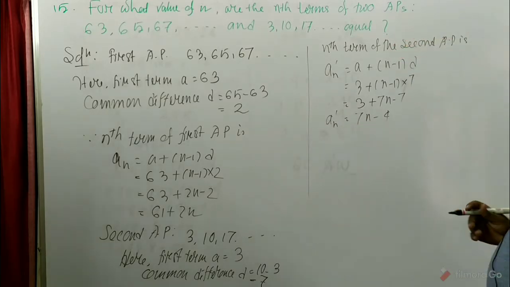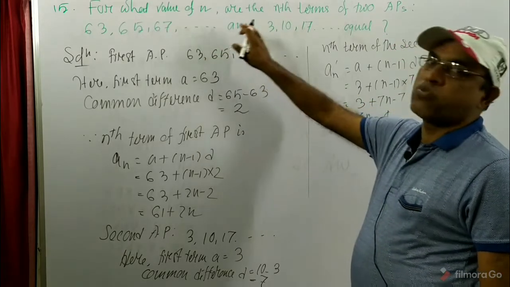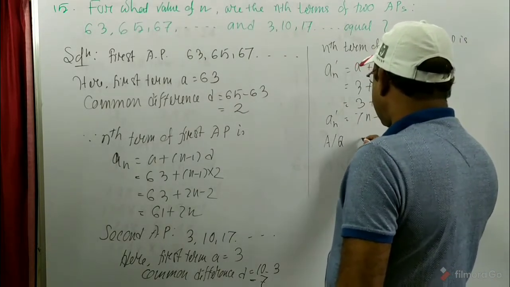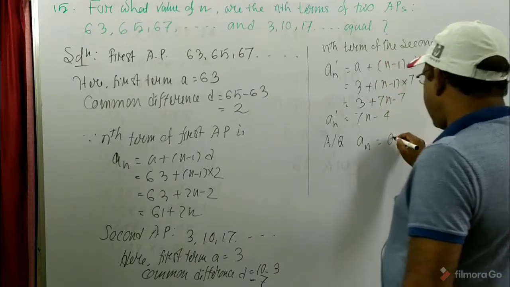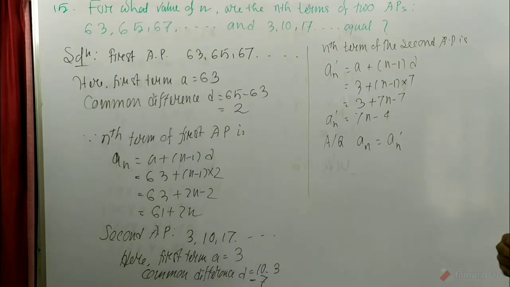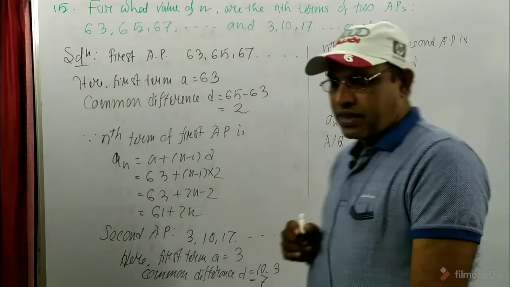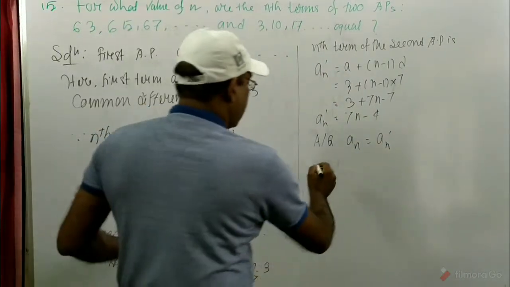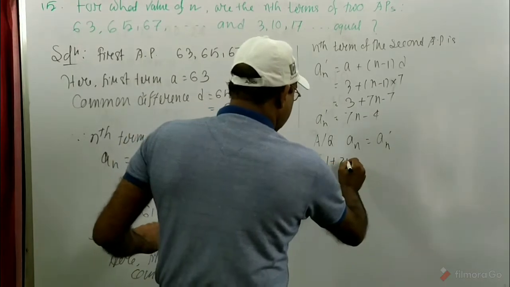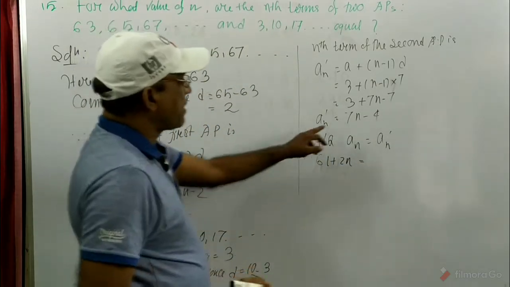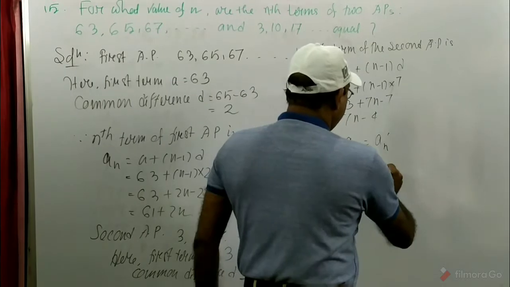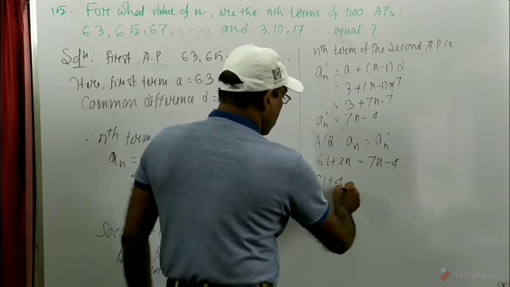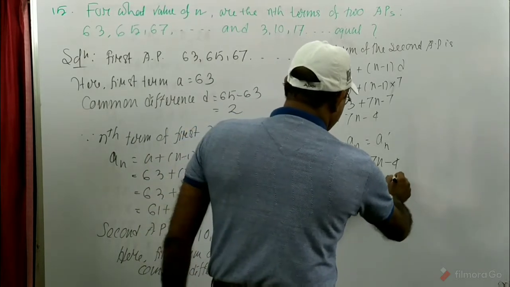According to the question, the nth terms of these two APs are equal. So an and an dash are equal. For the first AP we get 61 plus twice n, and for the second AP we get 7n minus 4. So 61 plus 4 equals 7n minus twice n.